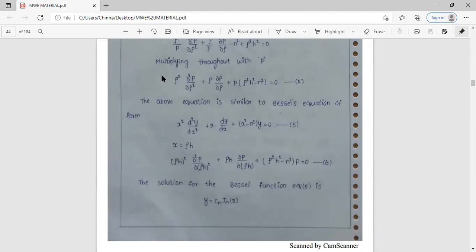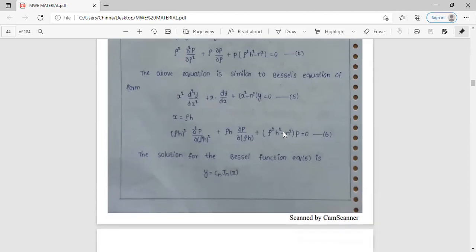The above expression is in the form of Bessel's equation. So we take the Bessel's equation representation: x square d²y/dx² plus x dy/dx plus (x square minus n square) y is equal to 0. Here x is equal to rho h. You can substitute that value, and that is equation number 6.